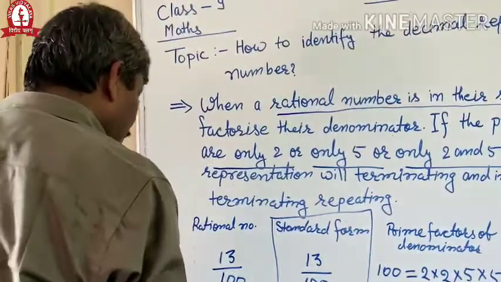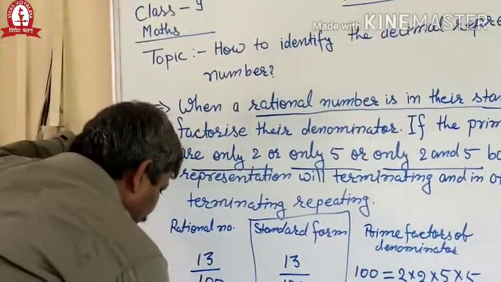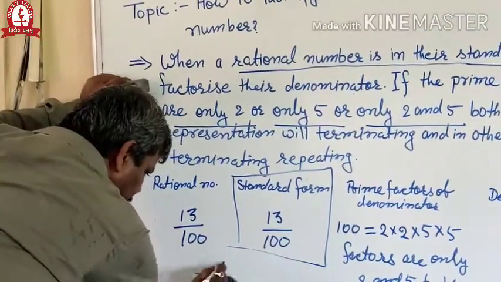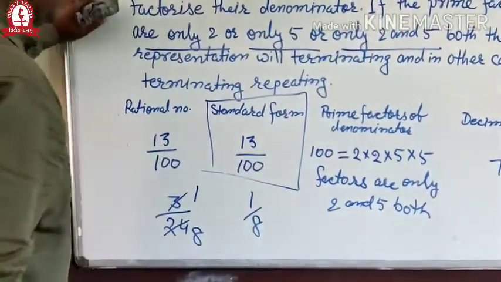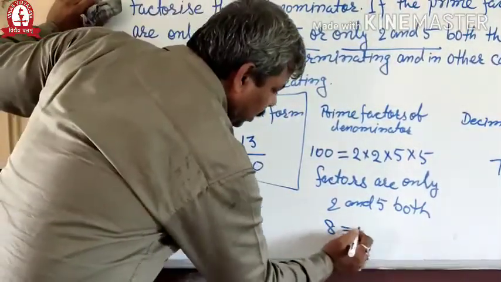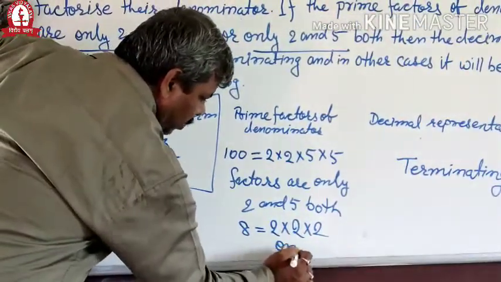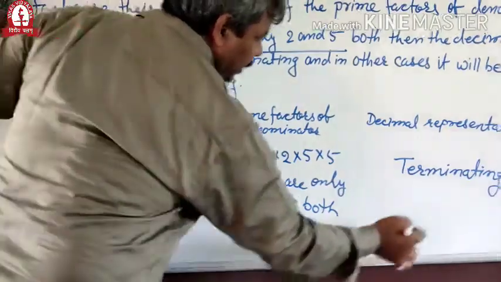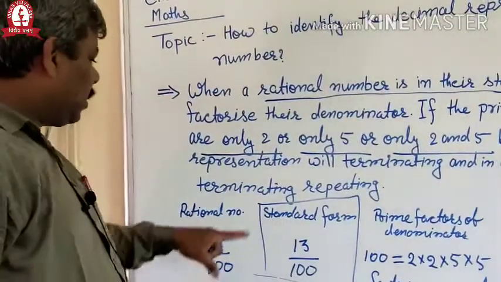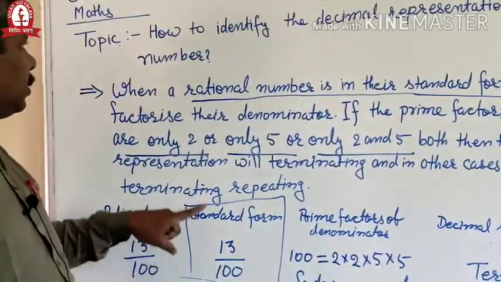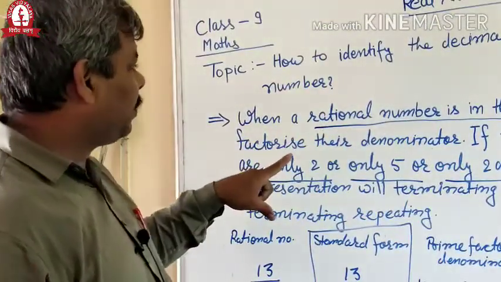First, we have to express this in its standard form. 3/24 is equal to 1/8. Now we factorize its denominator. 8 equals 2 into 2 into 2. Factors are only 2. So its decimal representation will be terminating. So be careful about the process to identify the decimal representation of a rational number.